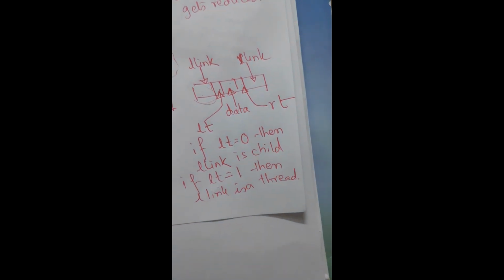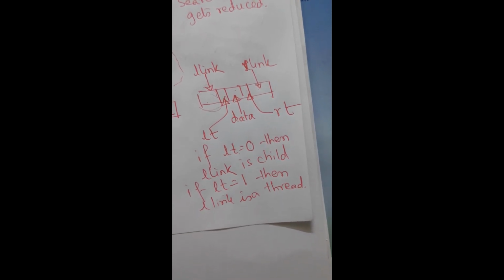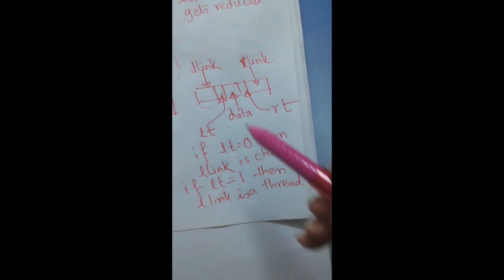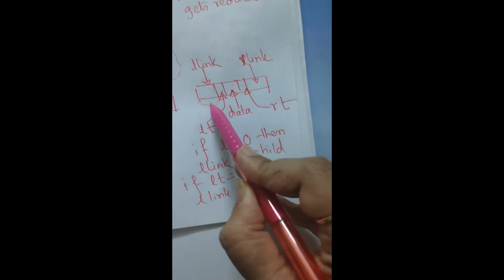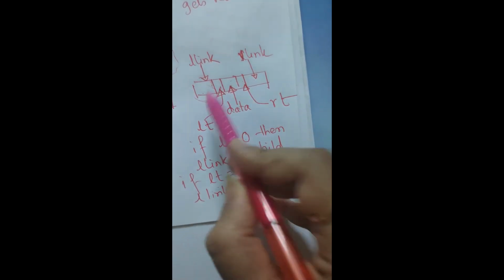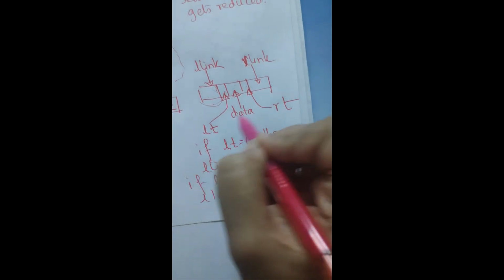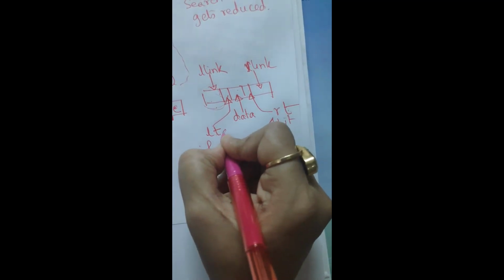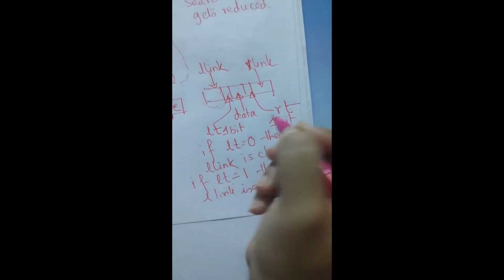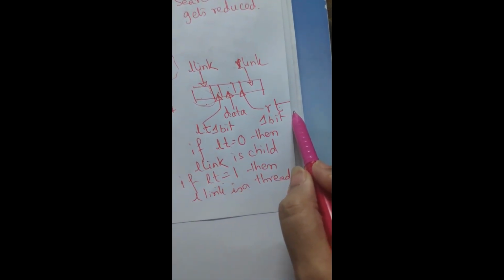When I am storing the address, if it points to a left child, I will make LT 0. If it points to a thread, I will make the LT value 1. LT and RT are both 1-bit values.